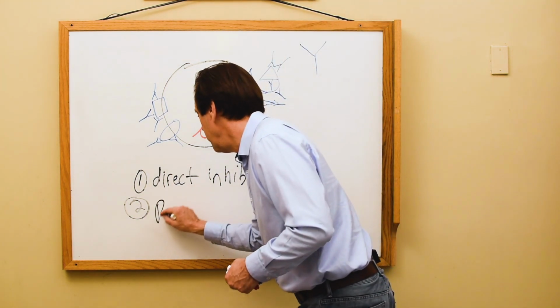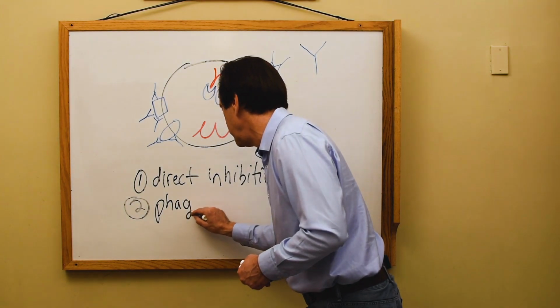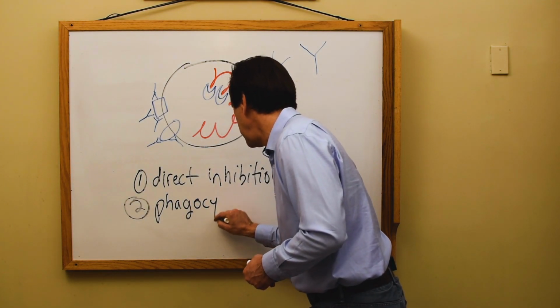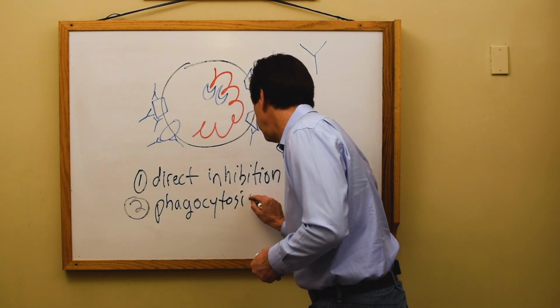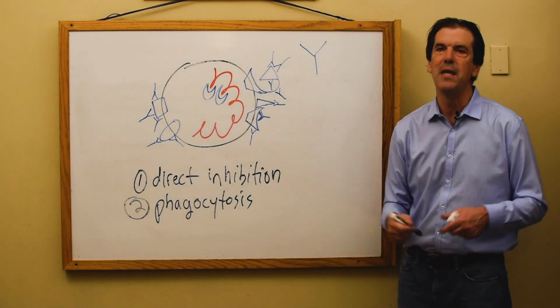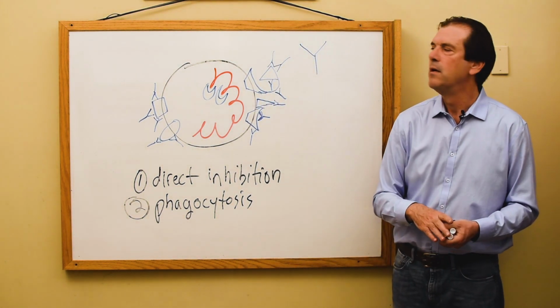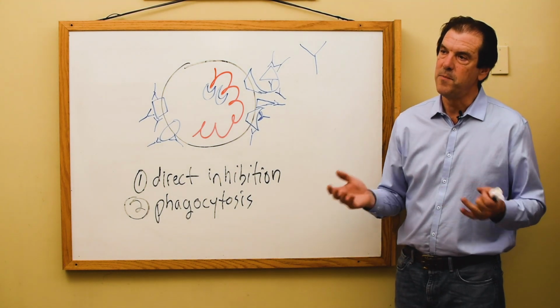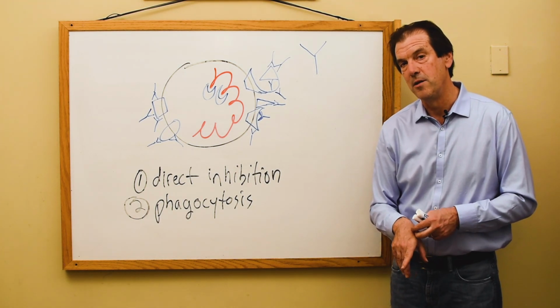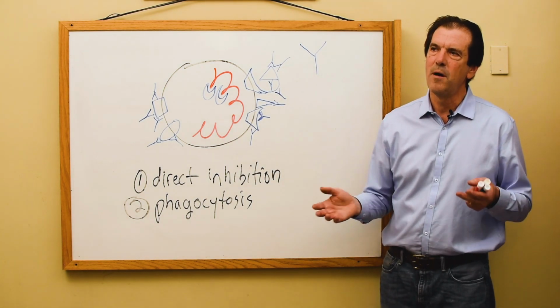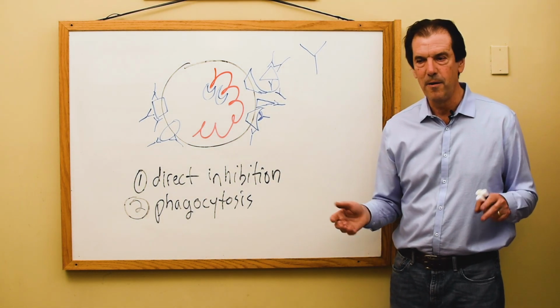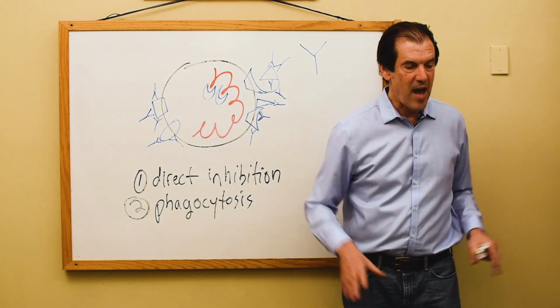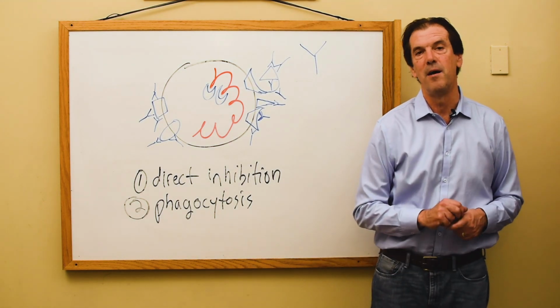And those substances that are coated with antibodies are eliminated by a process known as phagocytosis. And what this means is literally cell eating. So you have a particular type of specialized cell known as a macrophage. And a macrophage is in some ways similar to a dendritic cell, where what it does is it vacuums stuff up from the environment.